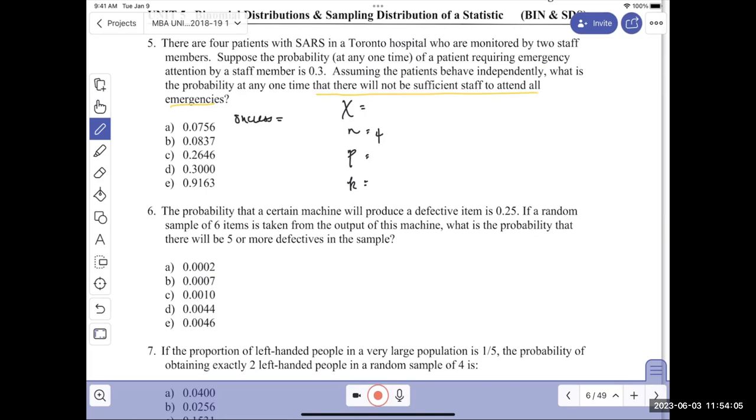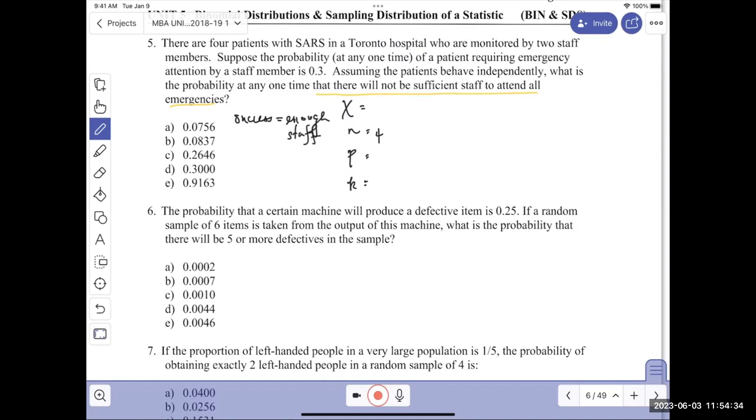Okay, so separating between the repeated experiment, the repeated phenomenon, and the overall. So each time we look at a patient, because that's what we're observing, was there enough staff, right? So success is sufficient staff or enough staff to attend. Now, this is a very practical question, right?